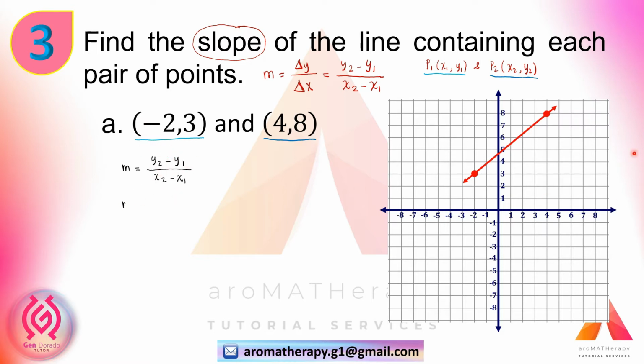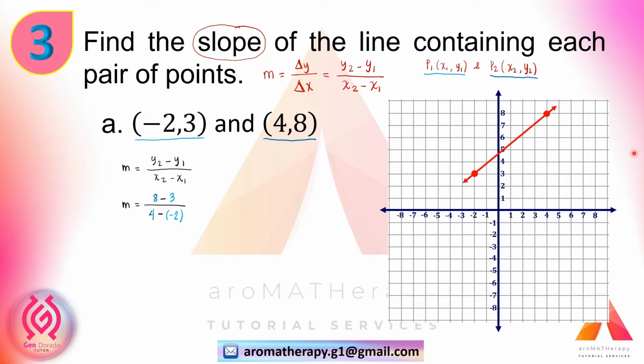So we have M is equal to 8 minus 3 over 4 minus negative 2.